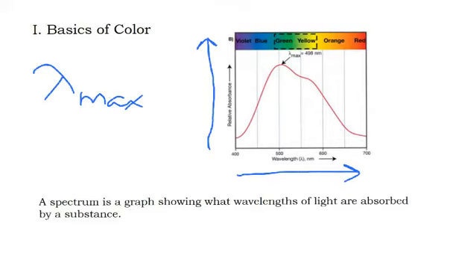That would correspond to a compound that's red in color, more in the orange to red than in the rose red range. So that's an absorbance spectrum, and that's what we're going to be doing on the Shimadzu spectrometer.